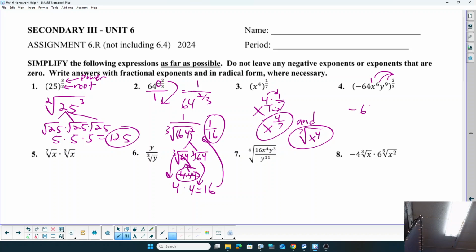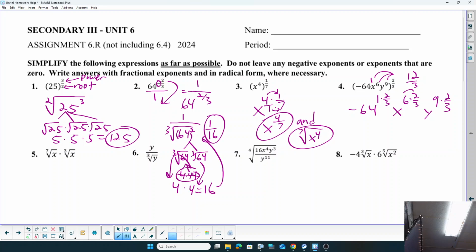So we get negative 64. Let's see, 1 times 2/3. x to the 6 times 2/3. And y to the 9th times 2/3. Remember, distribute the powers. Okay, so then, let's see, 6 times 2 is 12.